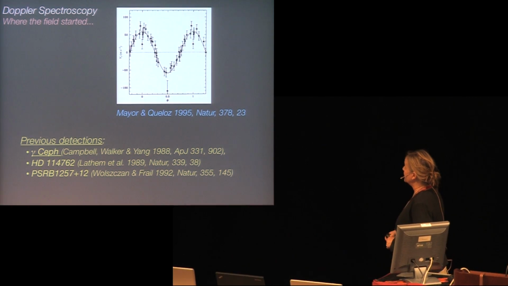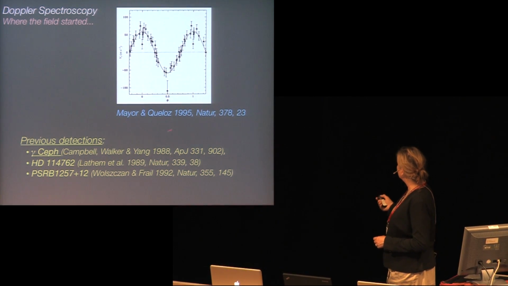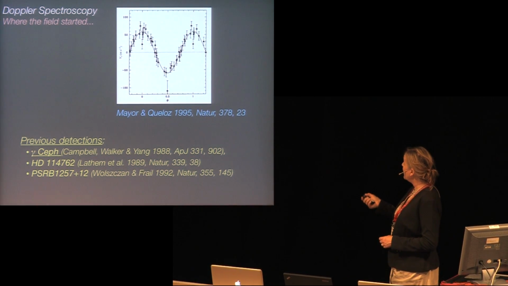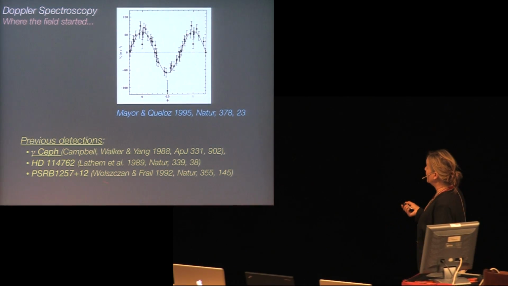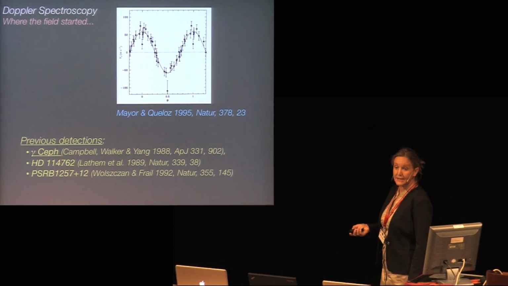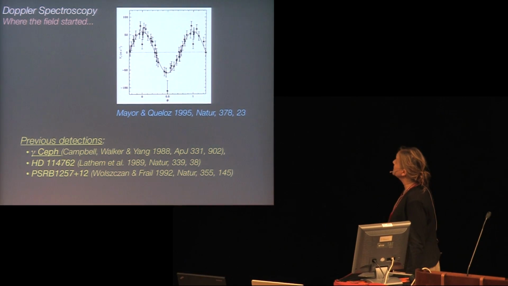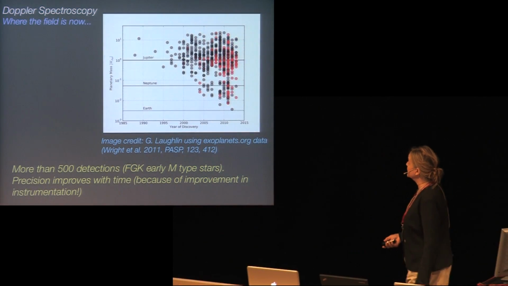Gamma Cephei was detected by Campbell, Walker, and Yang in 1988 as a possible planet around an evolved star, then HD 114762 by Dave Latham, and then of course Alex Wolszczan, who found an Earth-like planetary system around a neutron star. So already the field was beginning to come into existence.